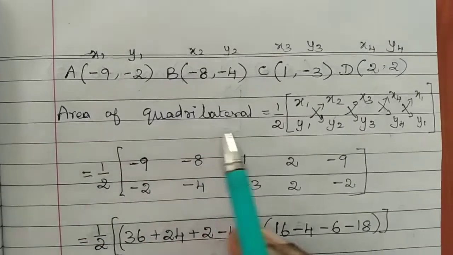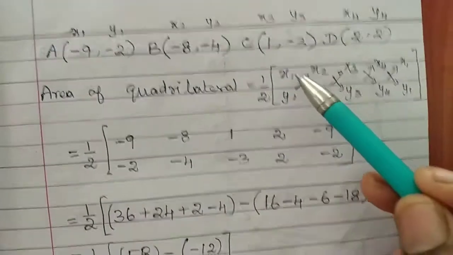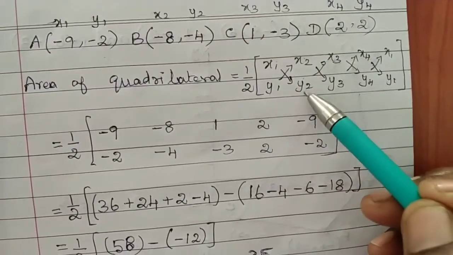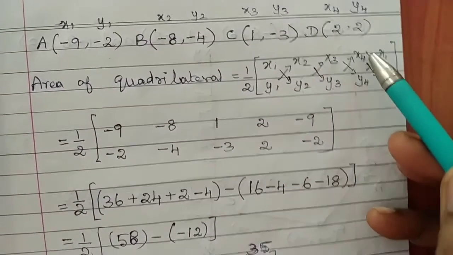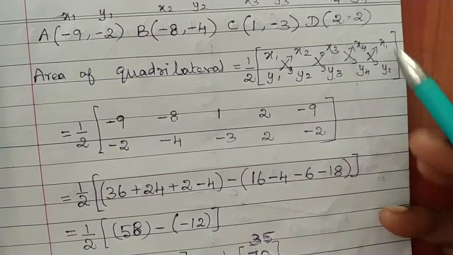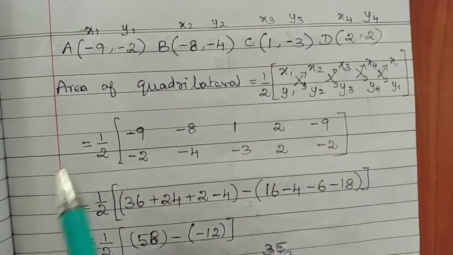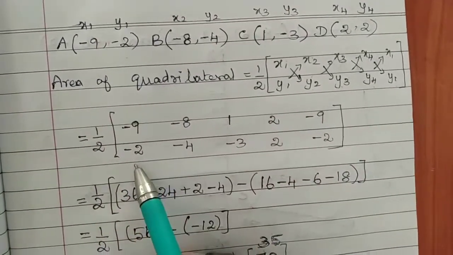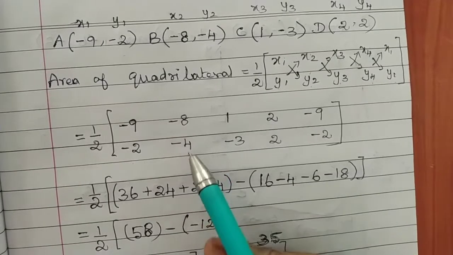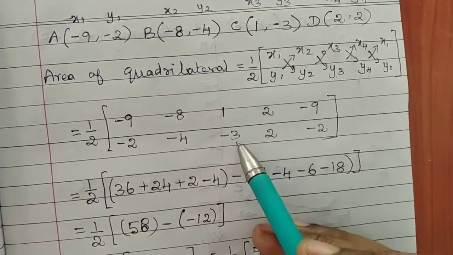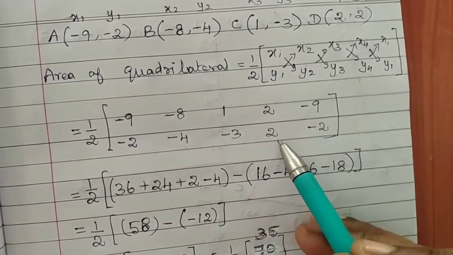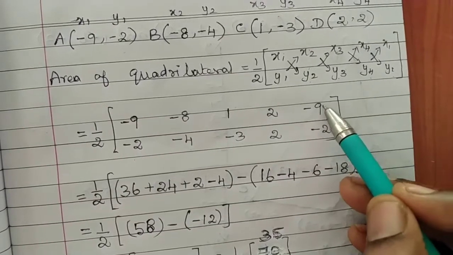Area of the quadrilateral equal to 1 by 2 x1 y1 x2 y2 x3 y3 x4 y4 again x1 y1. First point x1 y1 minus 9 minus 2, x2 y2 minus 8 minus 4, x3 y3 1 minus 3, x4 y4 2 2, again x1 y1 minus 9 minus 2.